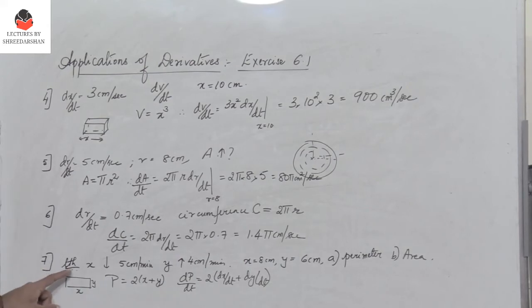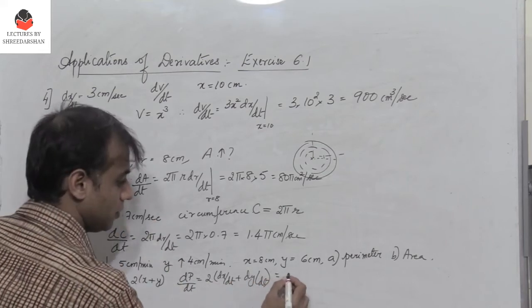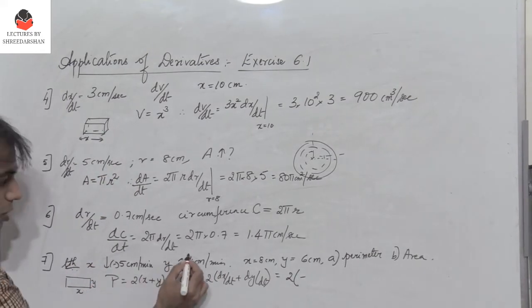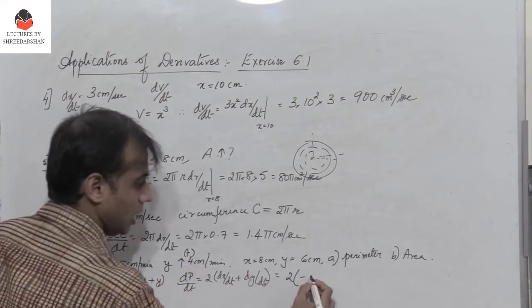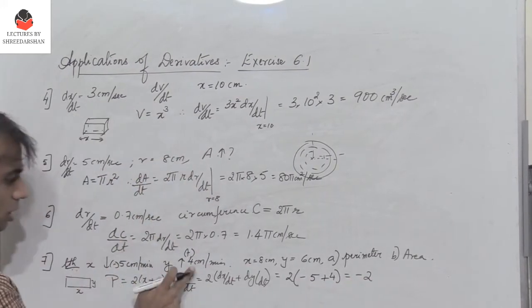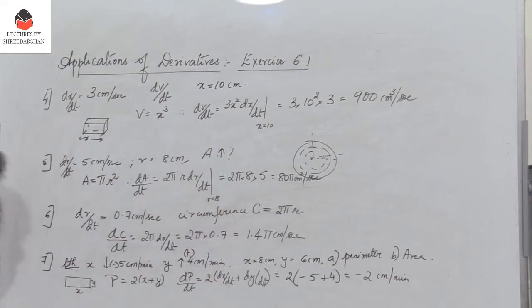Now given that the length is decreasing, dx/dt is negative, and y, the width, is increasing, so this will be positive. So I have 2 times (minus 5 plus 4), so I get minus 2 centimeter per minute. So the perimeter is actually reducing at the rate of 2 centimeter per minute.